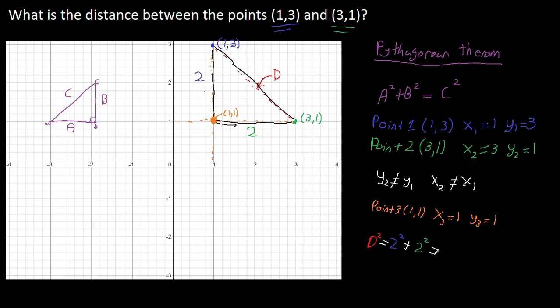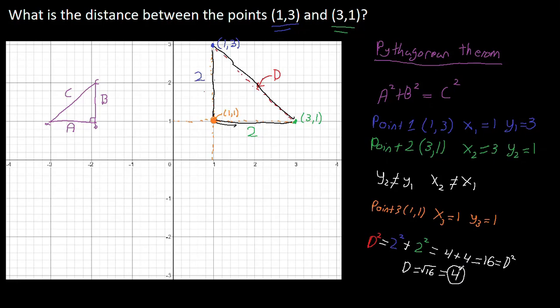So this is going to be equal to 2 squared is 4. This 2 squared is also 4, which is going to be equal to 16... wait, 4 plus 4. Just to keep track, d squared right now is equal to 16. So d is going to be equal to the square root of 16, which is going to be 4.